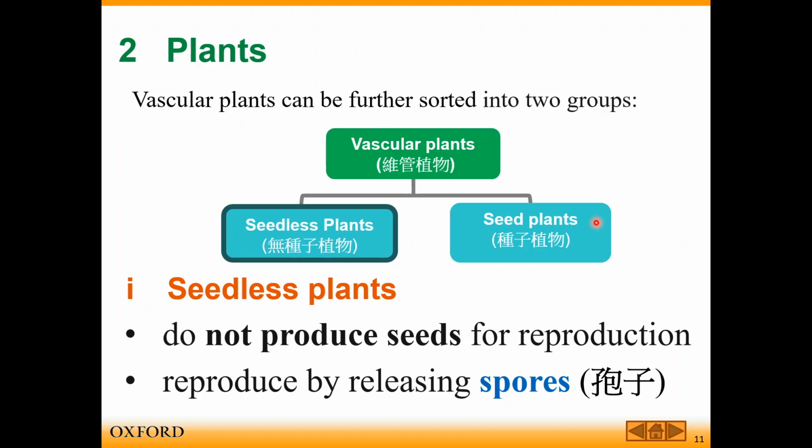Seedless plants do not produce seeds for reproduction. There are 7 vital functions for organisms. Do you remember that? One of them is reproduction. So seedless plants do not produce seeds, but release spores for their reproduction.